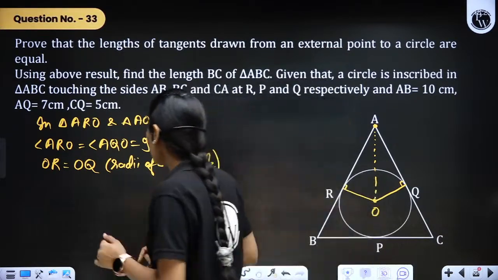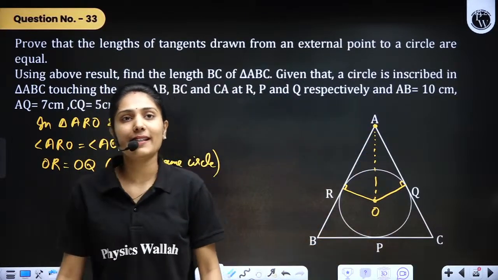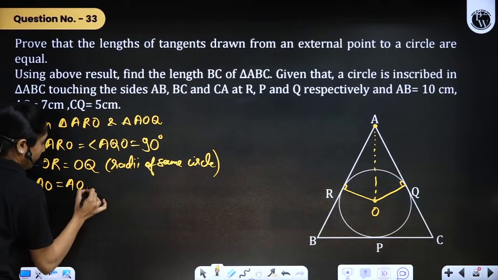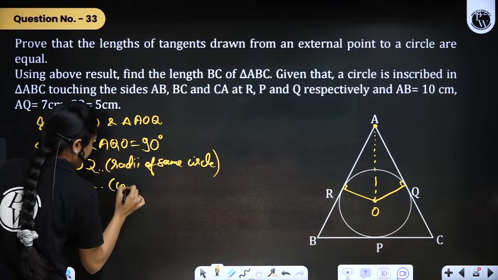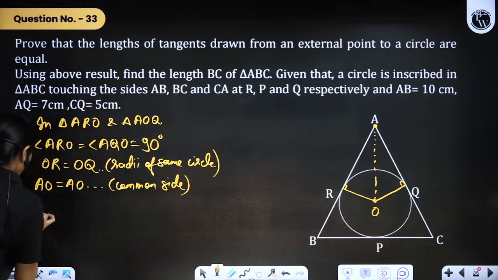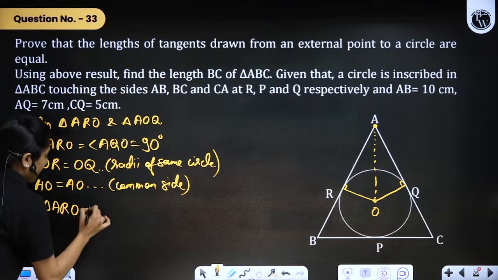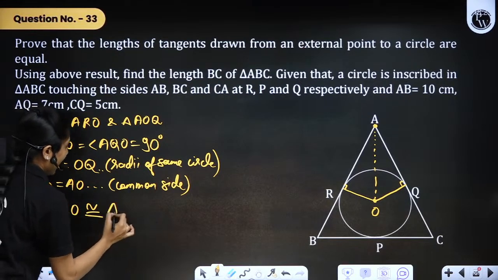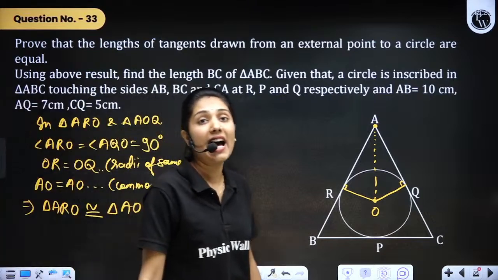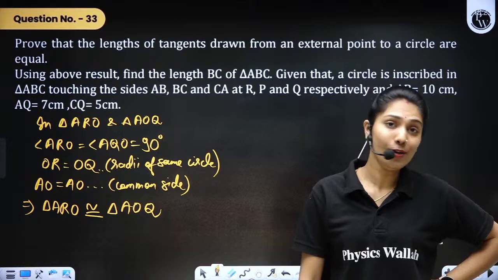Also AO is equal to AO, as it is a common side. Which implies triangle ARO is congruent to triangle AOQ, and since the two triangles are congruent, their corresponding sides are also congruent.